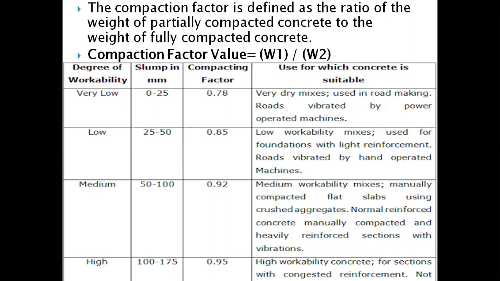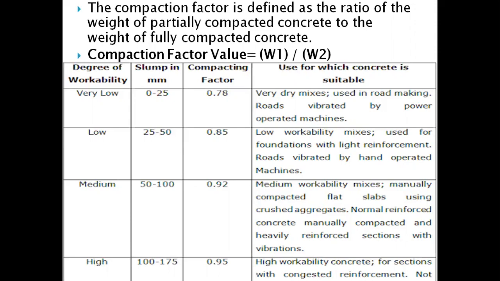So we directly use W1 upon W2, where W1 is the weight of the partially compacted concrete only, and W2 is the weight of fully compacted concrete. So that is the compaction factor procedure.